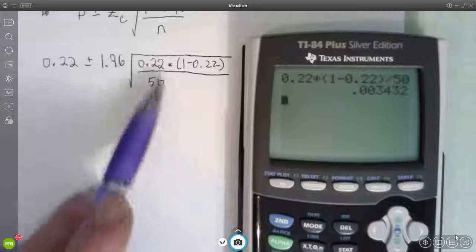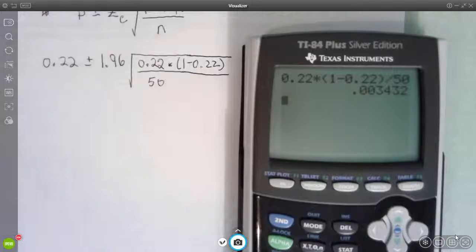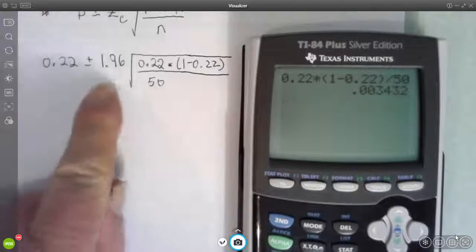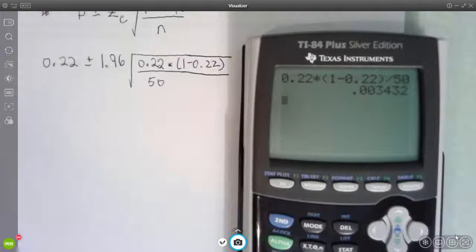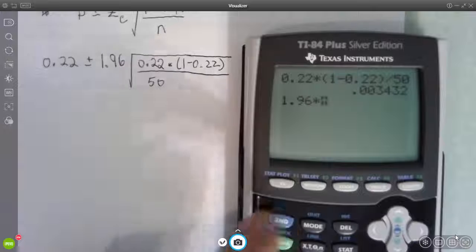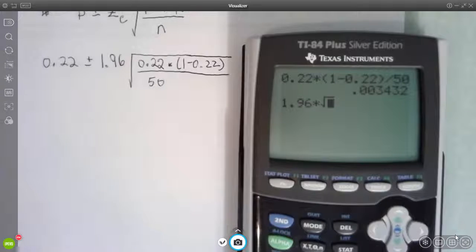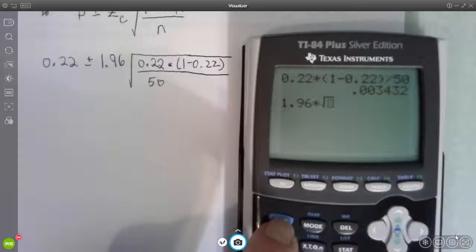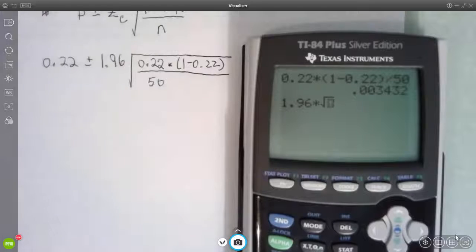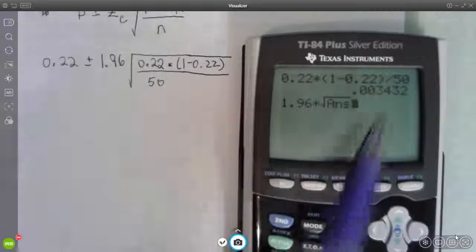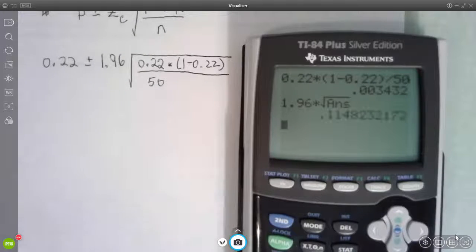Now once I've got that in the temporary memory of the calculator, it's pretty easy to get the rest of this margin of error. That's 1.96 times the square root of the stuff that I computed just earlier. I press the second key followed by the answer key, and that will bring up this value that I had just before.